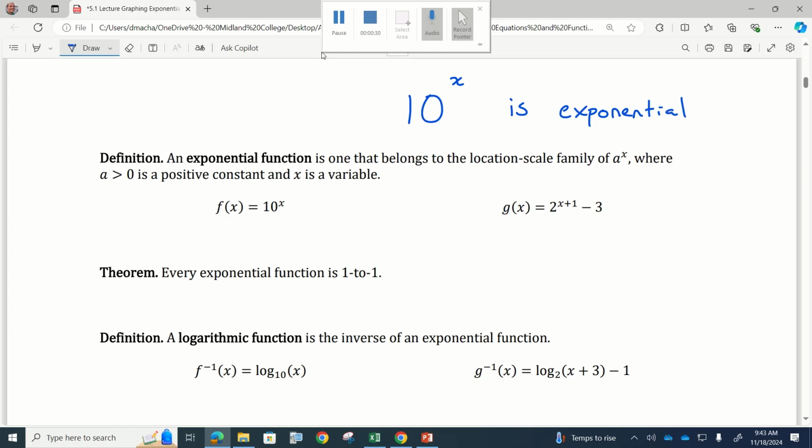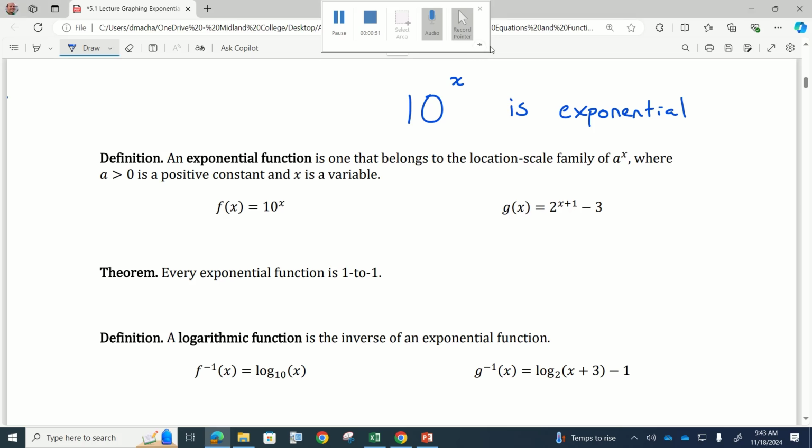Or it looks like anything in the location scale family of that. So like this function g is the same thing as 2 raised to the power x, but it's moved 1 unit to the left and 3 units down, so I'd say it's in the location scale family. And so these are all things that we call exponential functions.